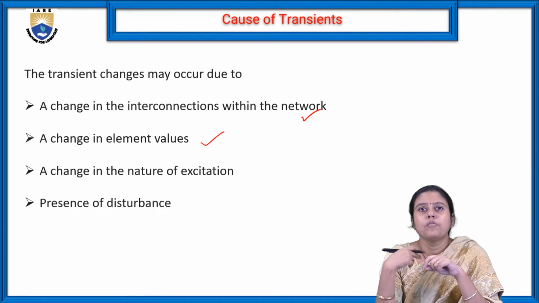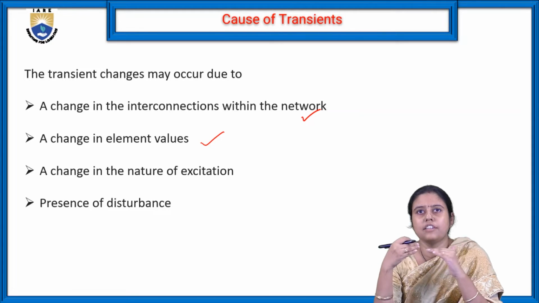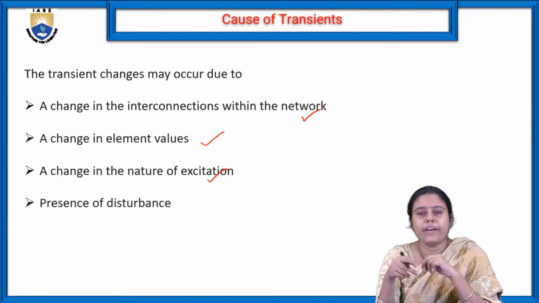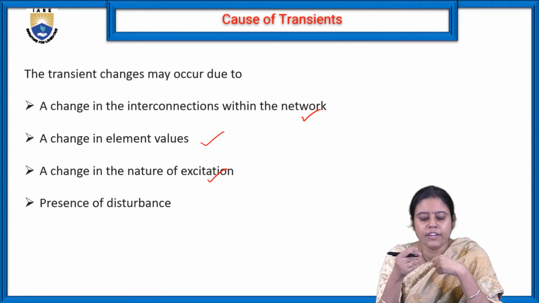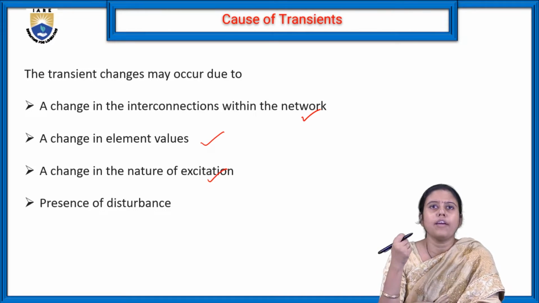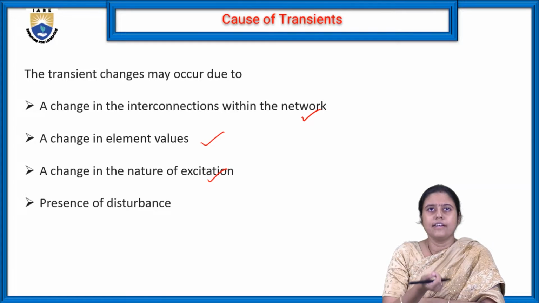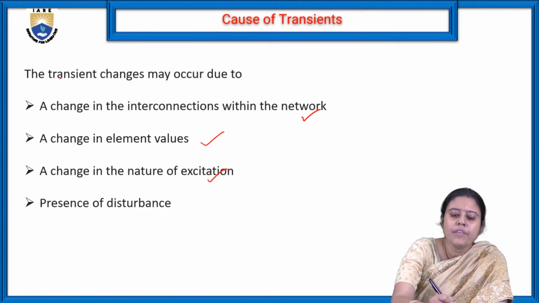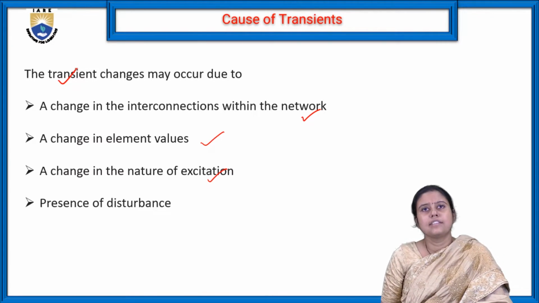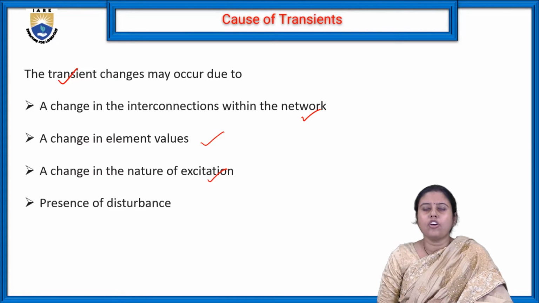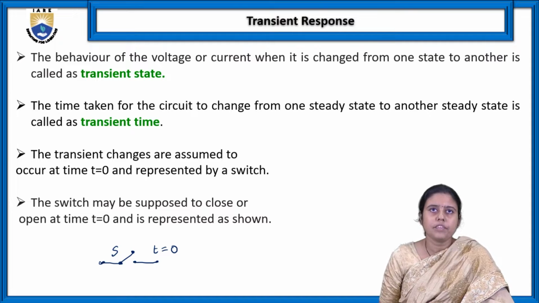In the fan, we are using the regulator, we are increasing or decreasing the resistance value. Or a change in the nature of excitation: we are giving 10 volt, suddenly we are giving 20 volt. And presence of disturbance. So any type of disturbance, sudden voltage increase, sudden current increase, will cause the transient in the system. So these are the main causes of transient of a system.